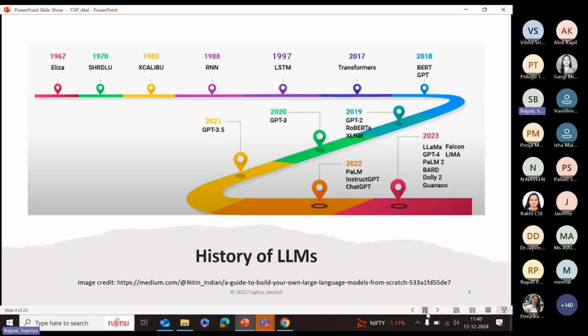Next, let's take a closer look at how chatbots and LLMs evolved over time. It all started in the 1960s with Eliza, which was the very first chatbot. Eliza was like a party trick. It was very simple pattern matching, acting like a therapist.